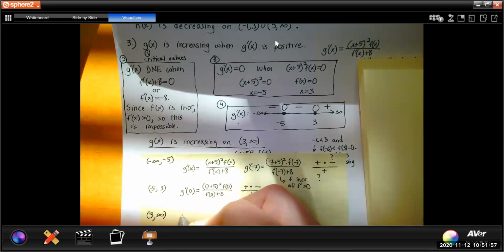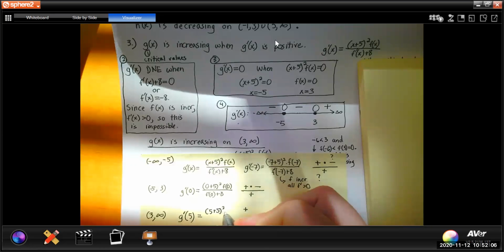How about for 3 to infinity? Well, we might look at something like g prime of 5. So again, we've got (5 plus 5) quantity squared, which I know is positive, and that's multiplying f of 5. And then I have f prime of 5 plus 8. So f prime of 5 plus 8 is positive again. How come? F prime of 5 is positive because f is increasing. So any value of x in f prime is positive. So I do a positive plus a positive, I get a positive.